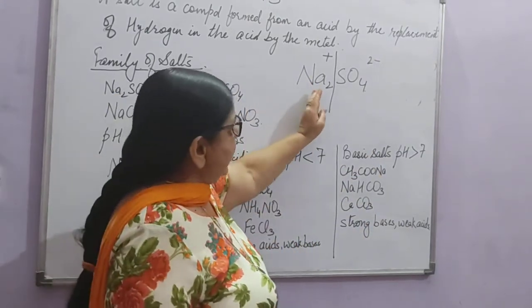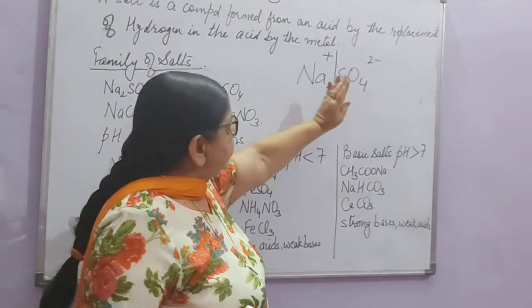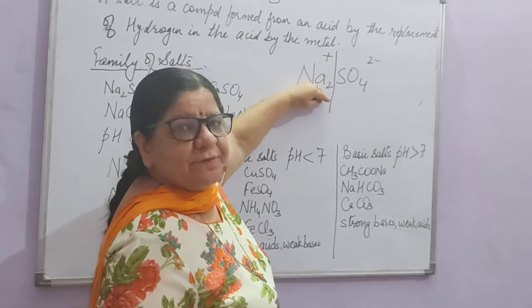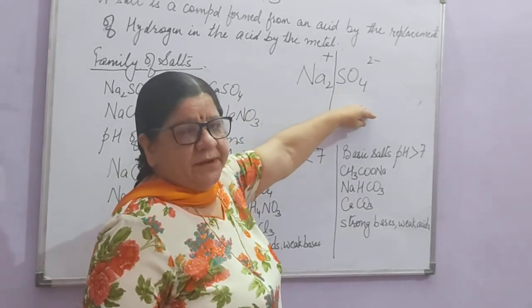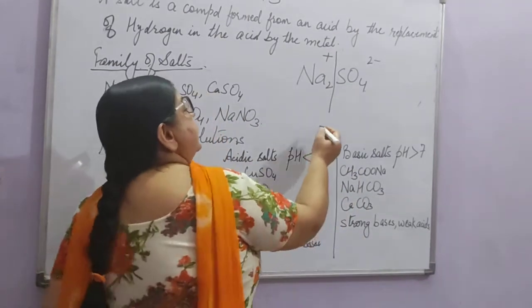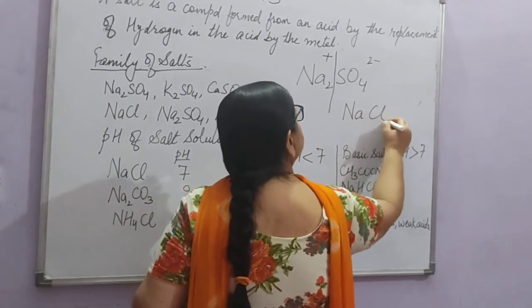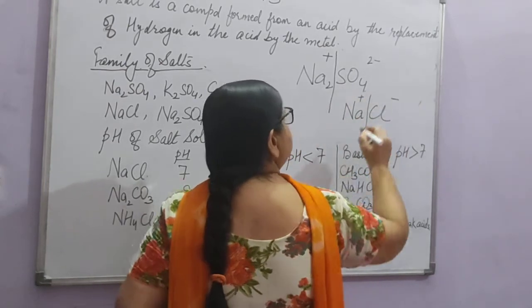So it is formed by cation and anion. The cation, or the metal, will always be written first and then comes the anion. Same way for NaCl, it will be positive here, negative here.